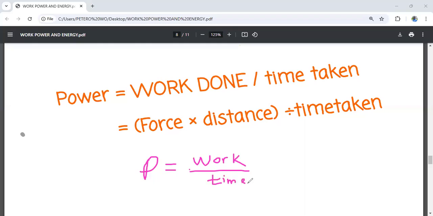It means that because work is force times distance, I can get my power as force times the distance divided by the time taken for us to move that distance. So that is the formula that we use for us to find power.